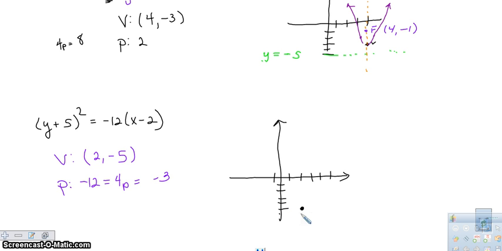That's my vertex. Now, which way does this open? P is negative 3. It either has to open to the left or right because it's a y, and since it's negative, it's going to open to the left, which means my focus is going to be to the left of my vertex. How far to the left? 3 to the left. So 1, 2, 3. My focus is going to be right here.